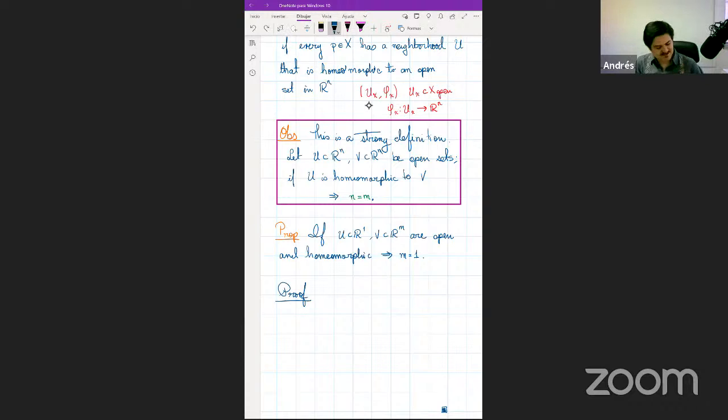We will use only topological arguments. U and V are open, okay?